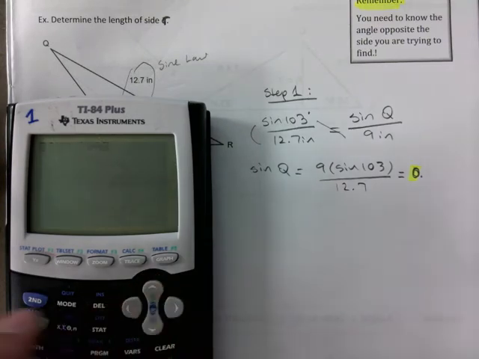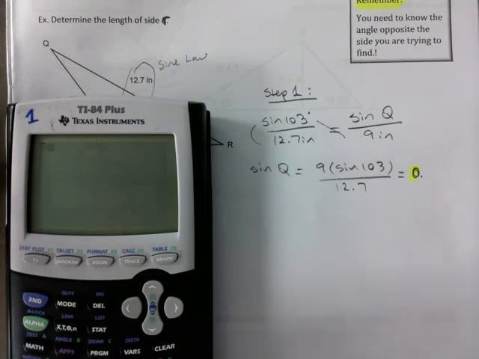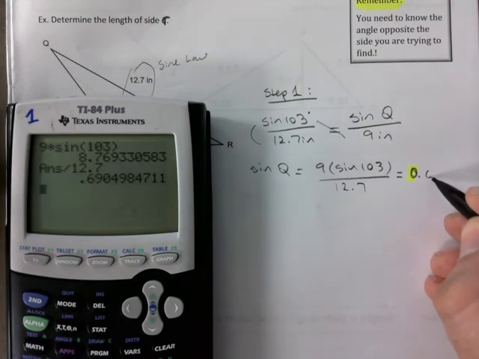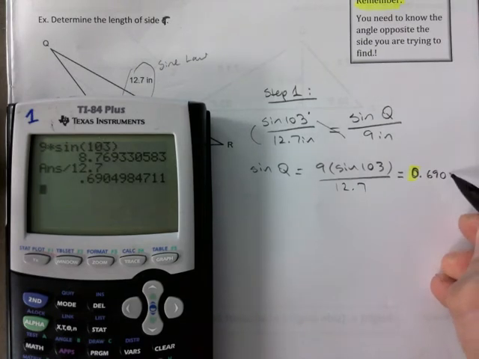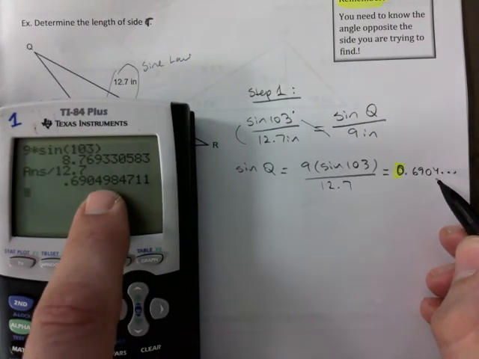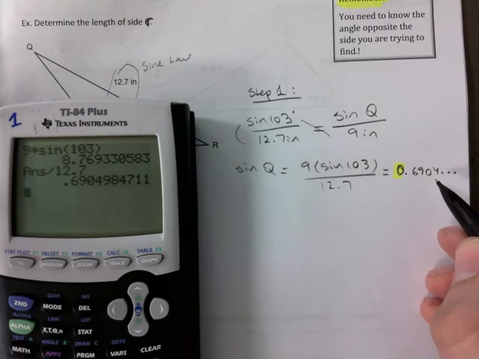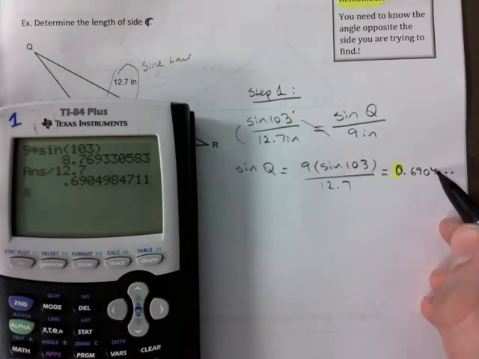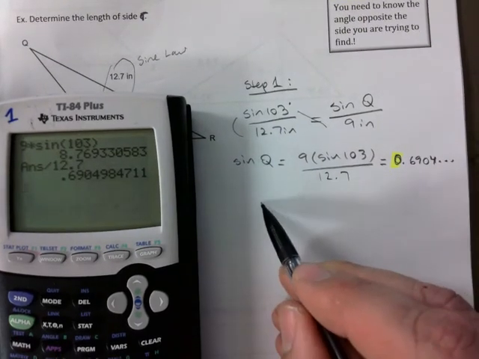So I'm going to try this again. So that's what you're supposed to get. 0.6904, and that keeps going. If you round it to 4 decimals, you would have to write down 5, right? If you want to truncate it, then you need to round. But I'm using all. So I just go dot, dot, dot.